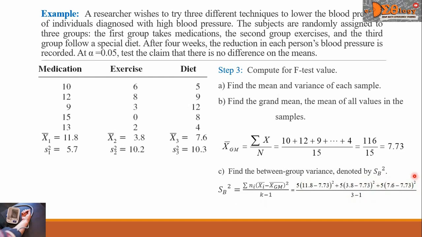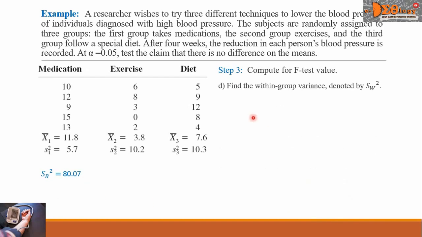Simplifying our numerator and denominator respectively, we have 160.13 over 2, and this is equal to 80.07.